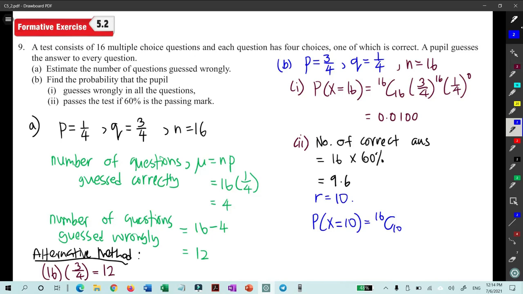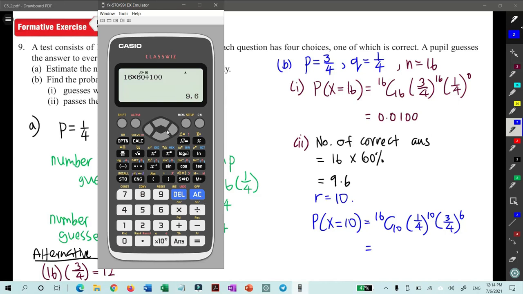Since we are talking about getting the answers correctly, the probability of success is not 3 over 4, it's 1 over 4. 16C10 multiplied with 0.25 to the power 10 multiplied with 0.75 to the power 6.